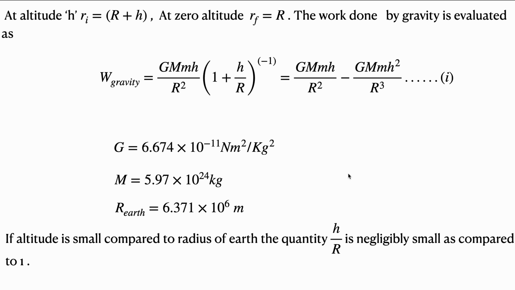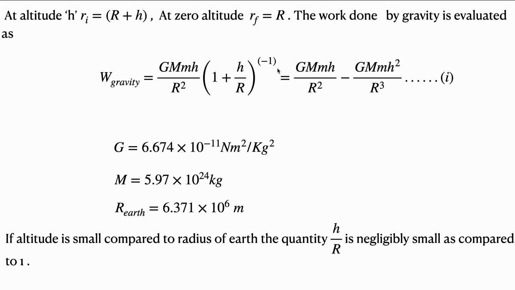At altitude h, the value of ri will be R plus h, where R is the radius of earth. At altitude 0, the value of rf will be equal to the radius of earth. The work done by gravity is evaluated as W gravity equals G M m h divided by R square multiplied by (1 plus h by R) to the power minus 1.